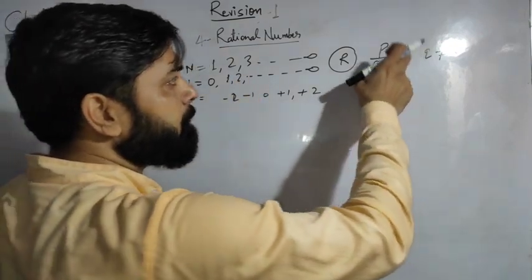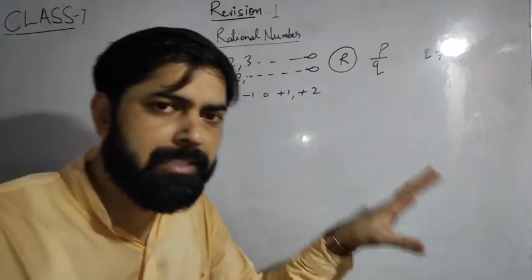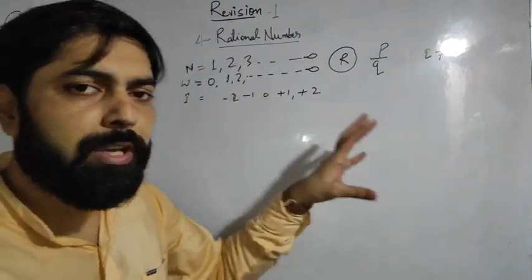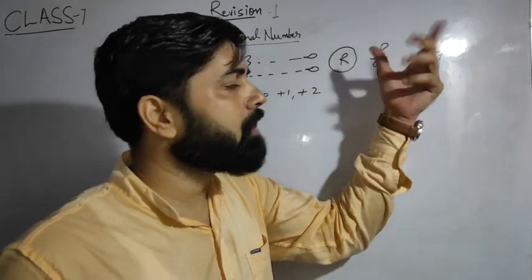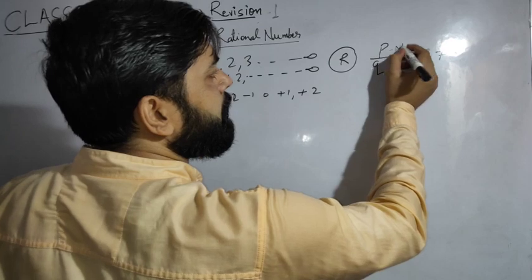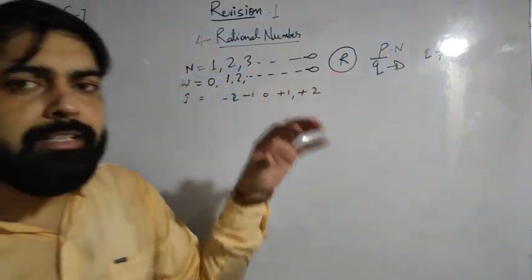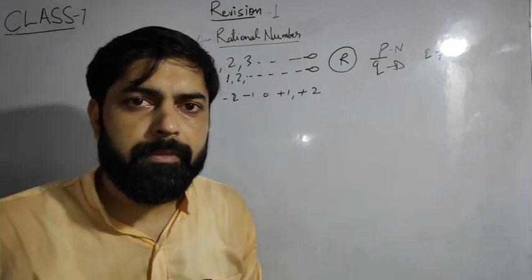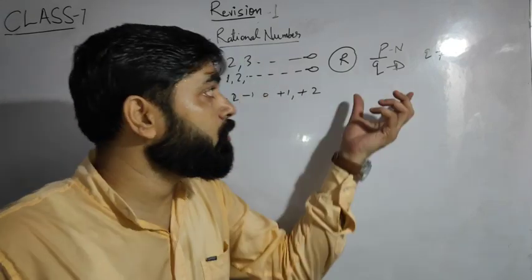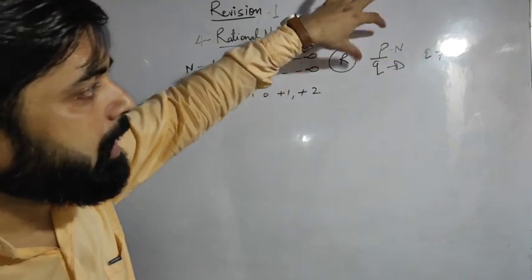If any number you can write in the form of a fraction, that number is known as a rational number, where q is not equal to 0. This is the numerator and this is the denominator. So the denominator should not be 0. The denominator should not be 0. This is a condition of the rational number.